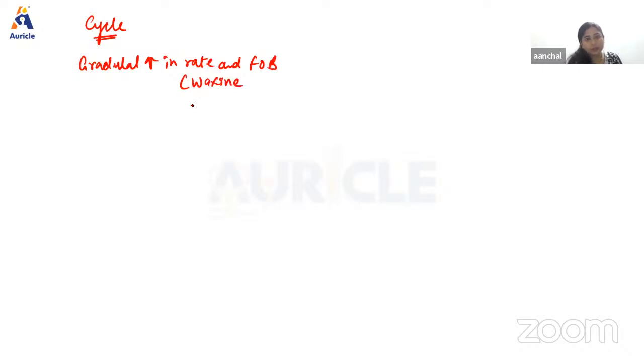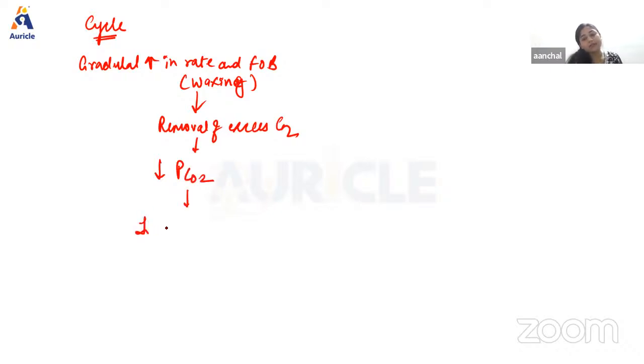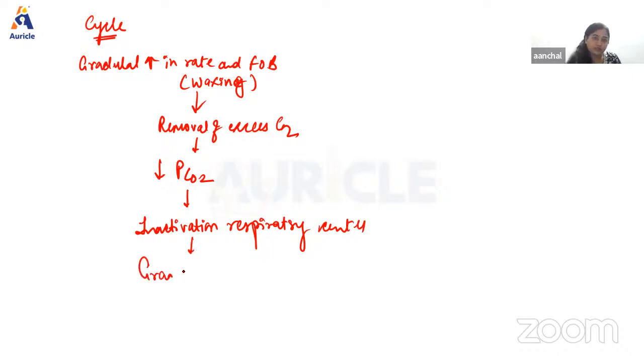What happens is there will be removal of excess CO2, which will lead to decreased PCO2. Partial pressure of carbon dioxide will decrease, and there will be inactivation of the respiratory center, and it will lead to a gradual decrease in rate and force of breathing. That's considered as waning.